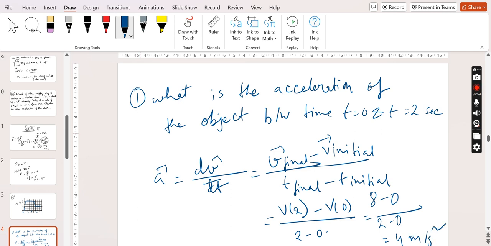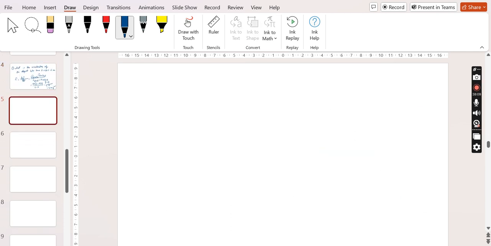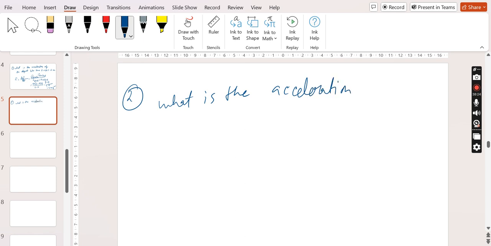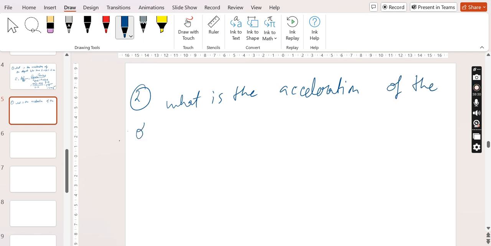What is the acceleration of the object between time t is equal to 10 and t is equal to 12.